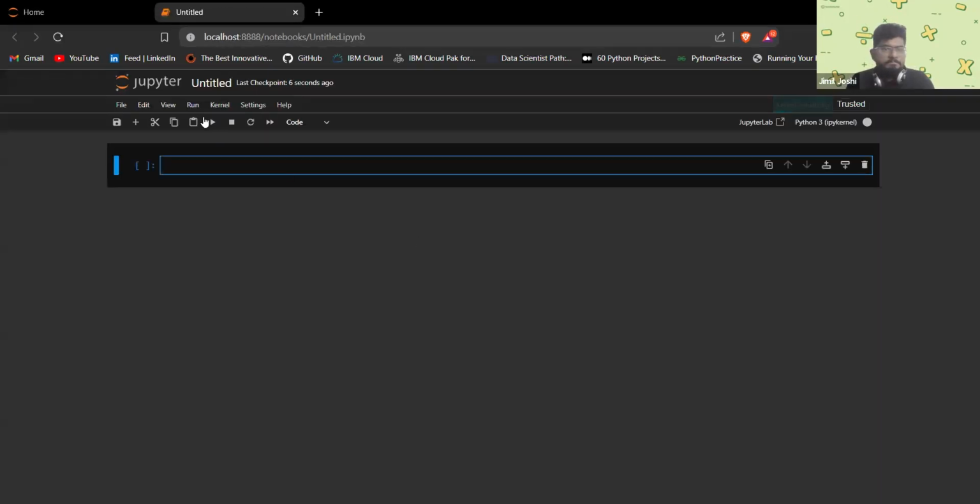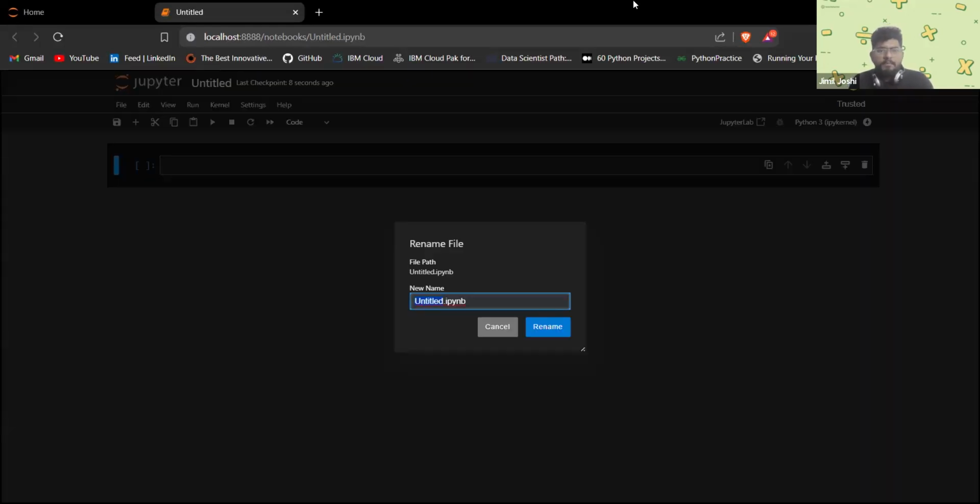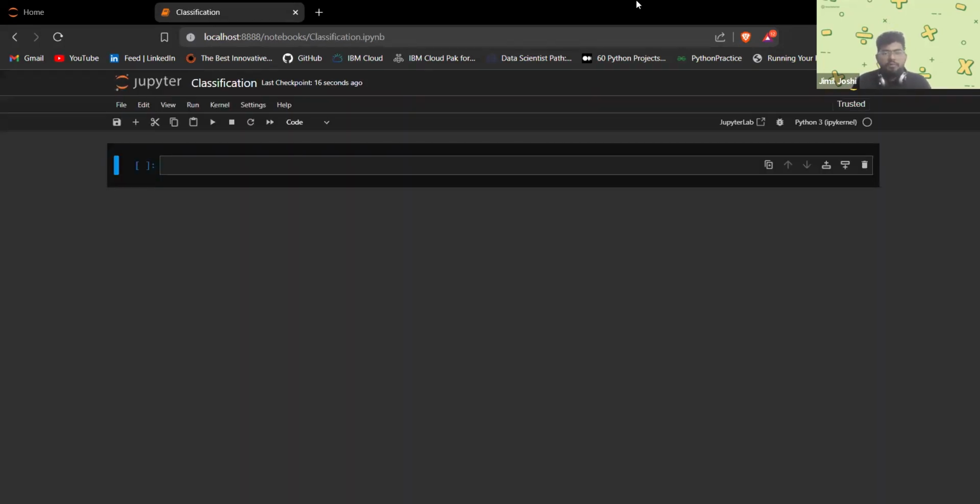So let's create a new notebook for the classification. Let's call it classification because we are going to do logistic regression as well as decision tree both in this. And going further, we can also see one more algorithm, which is KNN. Okay. So, classification metrics.